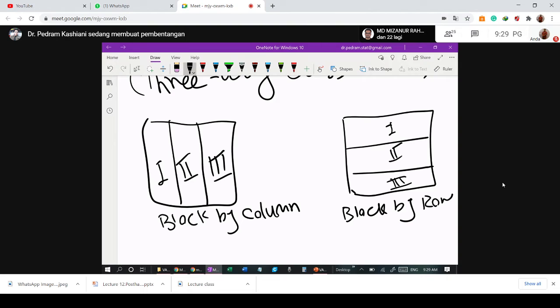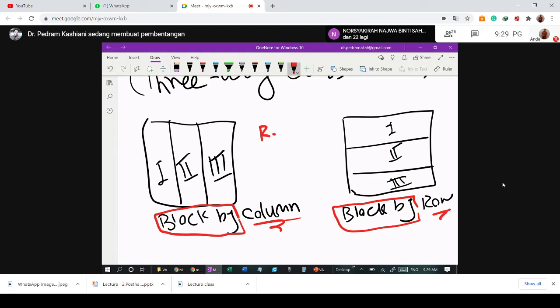For simplicity, when writing the ANOVA table we don't write "block by"; we just write row and column. So I write row, column, treatment, and error as my sources of variation.